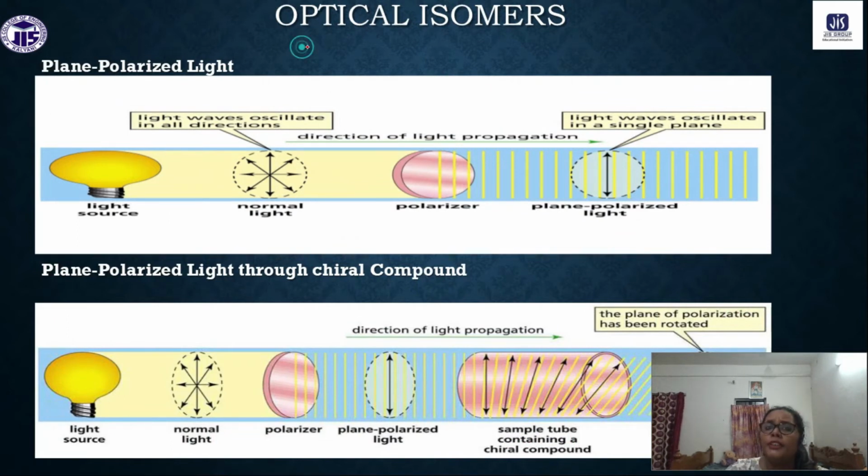Now, optical isomers can be divided into two by the rotation of plane polarized light. We know the terms chiral carbon and achiral carbon.